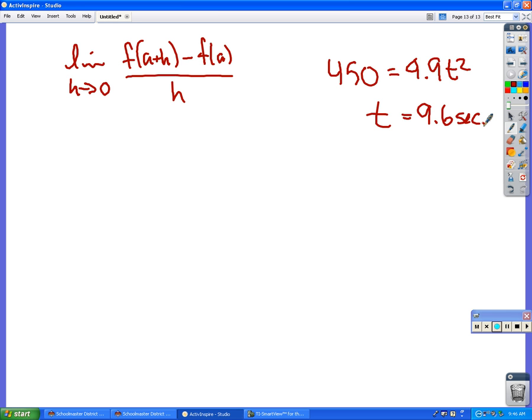So I want to figure out the average velocity after 9.6 seconds, okay? So what am I doing here? I'm going to take the limit as h approaches 0 of f of a plus h. What's my a in this case? This is 9.6, because we're trying to figure out the change in the time.